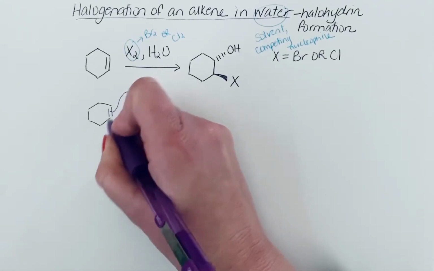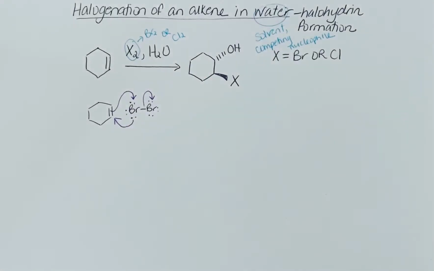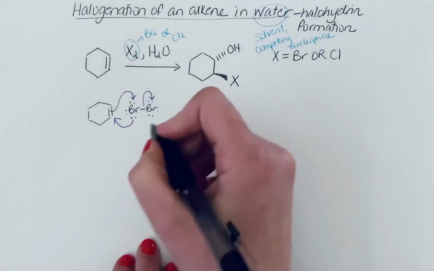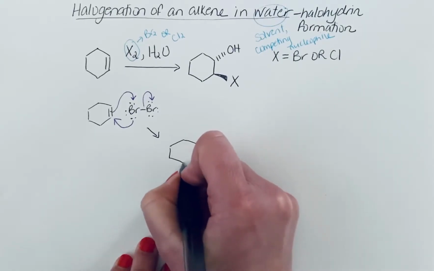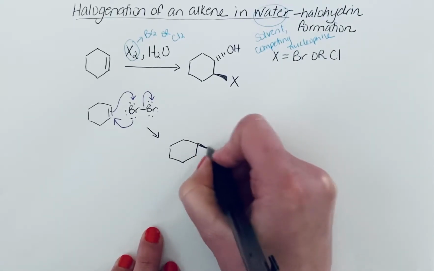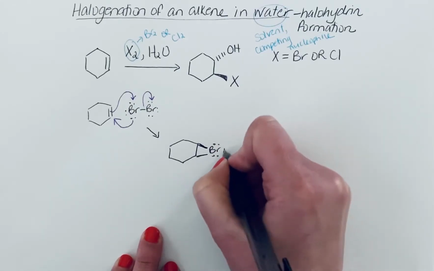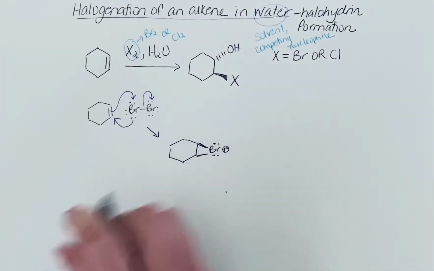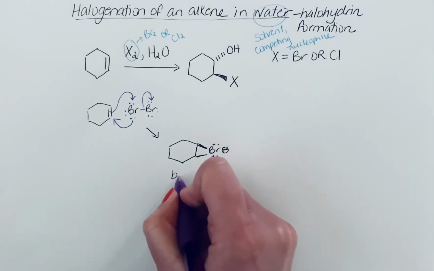We're taking electrons away from that carbon, and the electrons that are still on the bromine can come in and bridge that positive charge. So we get a cyclic brominium ion intermediate, the exact same intermediate that we saw in the halogenation in an inert solvent. So here is the cyclic brominium ion intermediate.